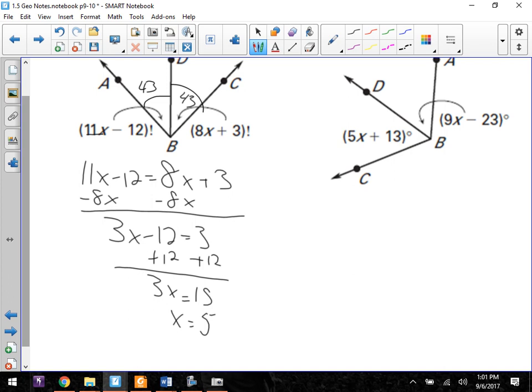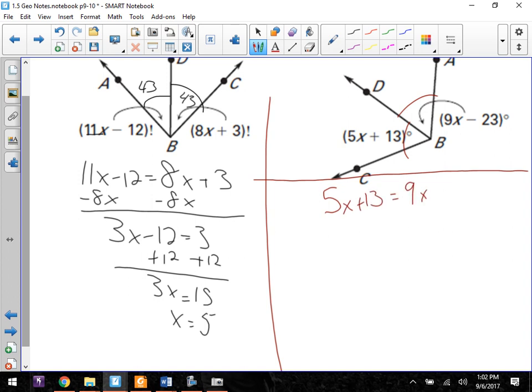On the other one, same idea. We know that they have to be equal because it says they are. We have congruent angles because of the angle bisector. So you write it out. 5x plus 13 is 9x minus 23. Subtract the 5x over.